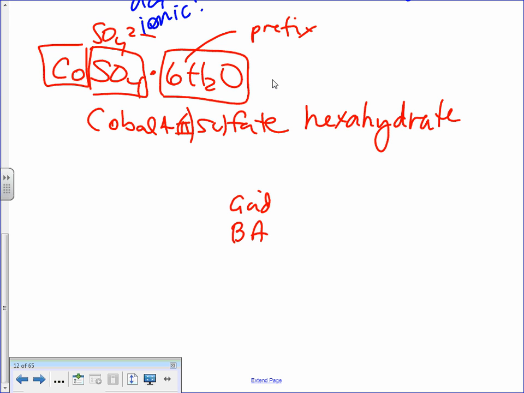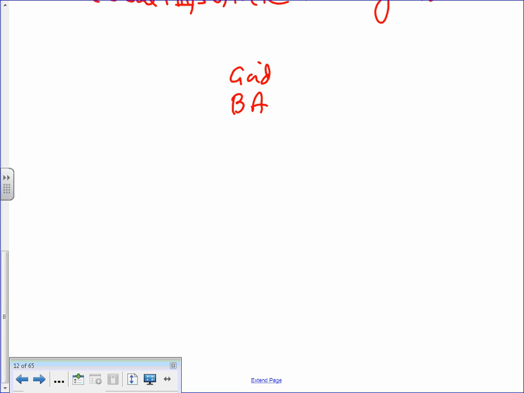What is bromate? Good question. On your polyatomic ion list, tell me chlorate. Chlorate, ClO3, charge 1 minus. Tell me iodate. Is iodate on there? I don't think so. Look at the periodic table.